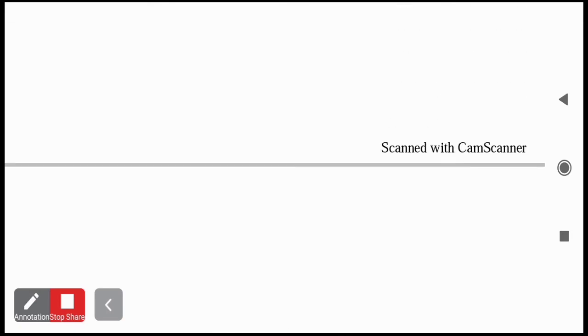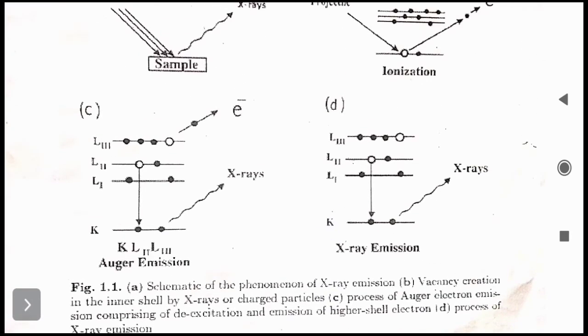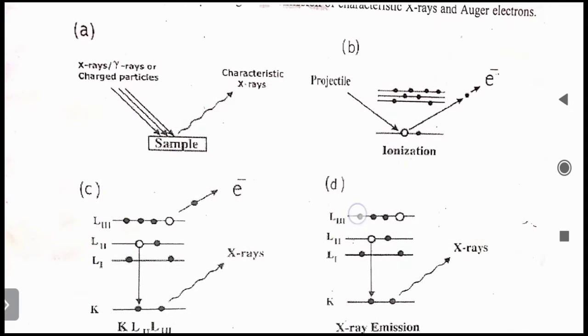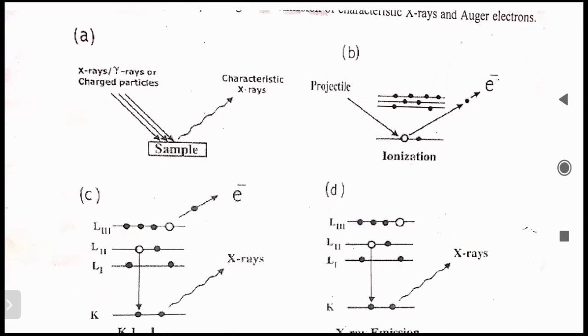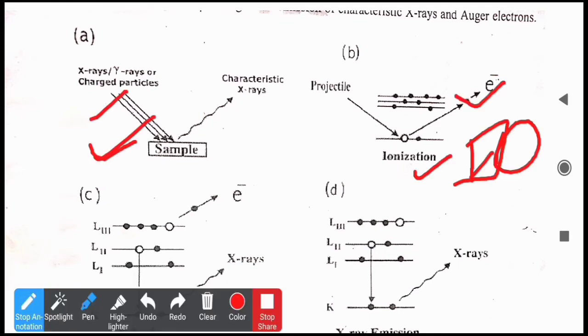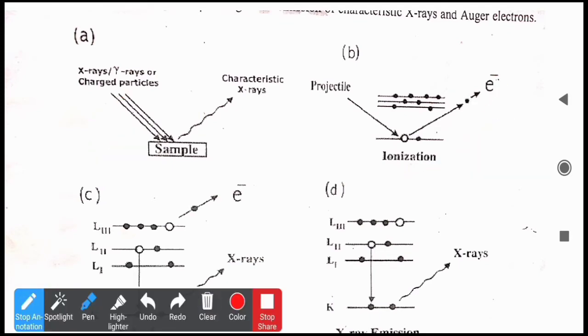Generally there are four simple phenomena that might occur when radiations or the primary beam interact with the sample. Suppose we use X-rays as the primary radiation, which is one form of radiation.